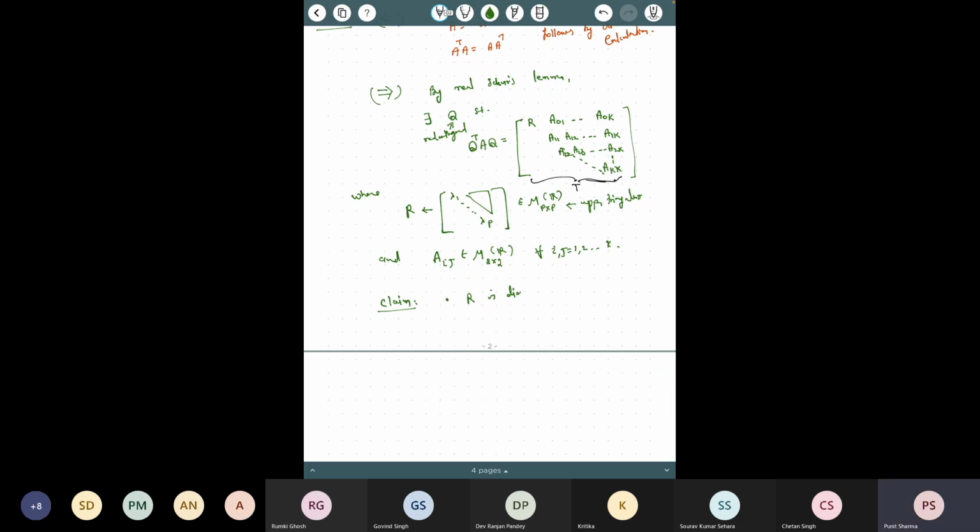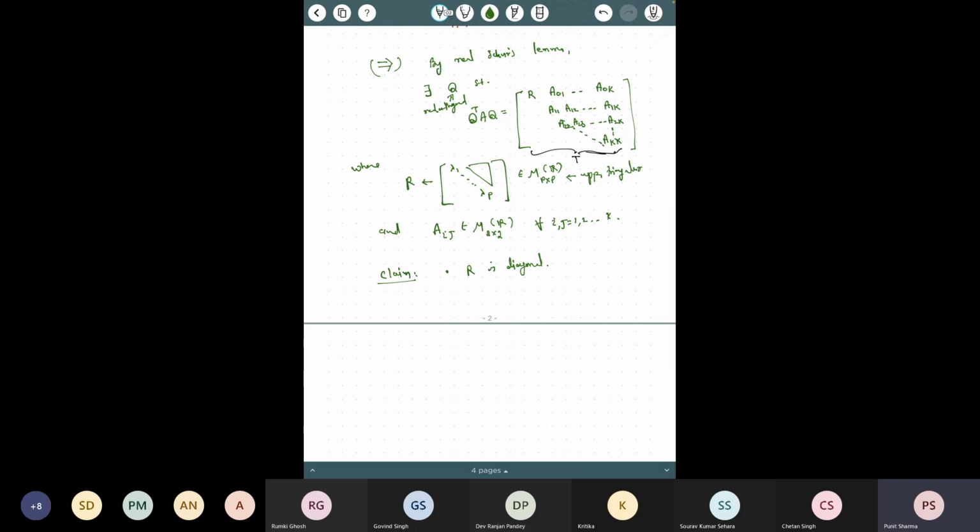Because I want to show that all these blocks are 0, and R right now is upper triangular, so I need to show that these entries are also 0 here. Then only I can say that this is just a diagonal matrix here, and these blocks remain and all the other blocks are 0. So then only it would be block diagonal. So I will show that first R is diagonal.